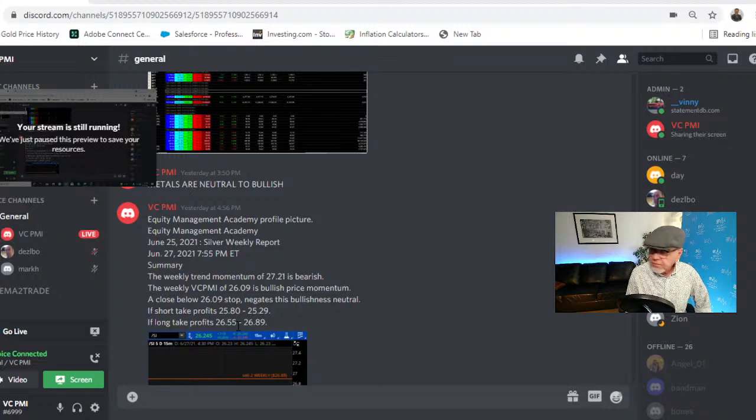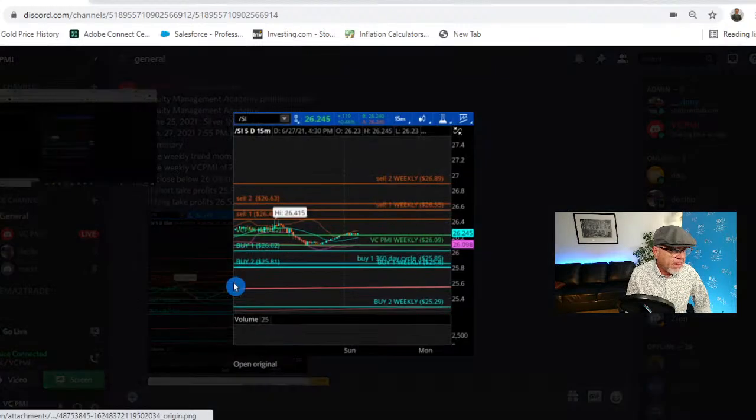But being that the market is on the bullish side, it tells you if long, take profits 2655 to 2689. These are the numbers that we're using today.